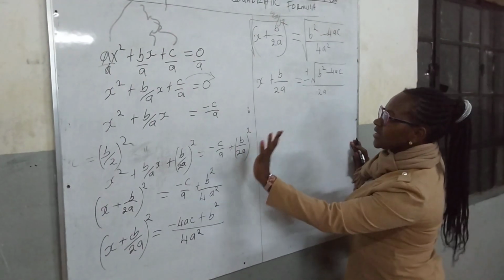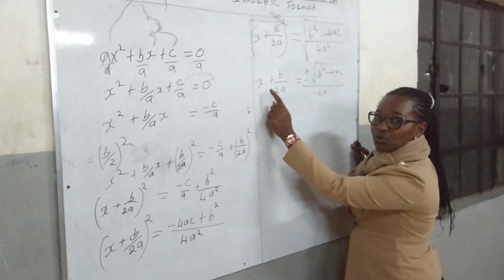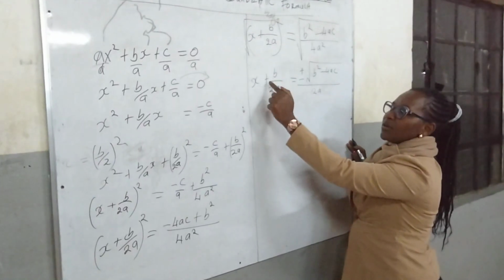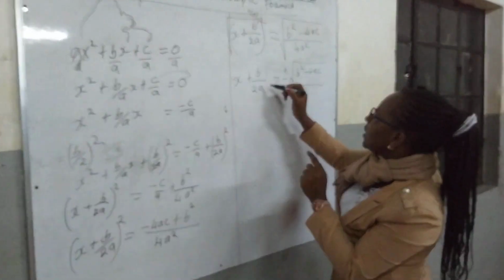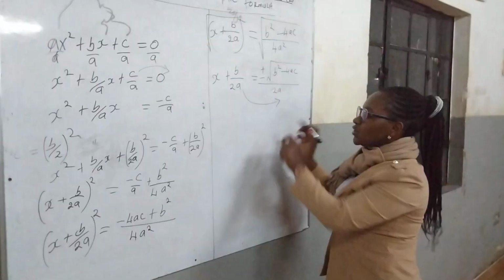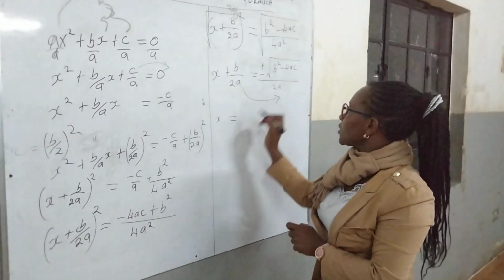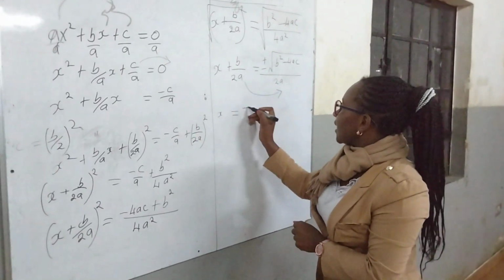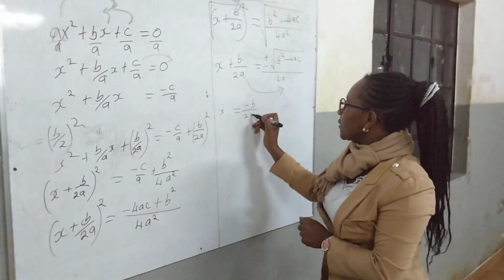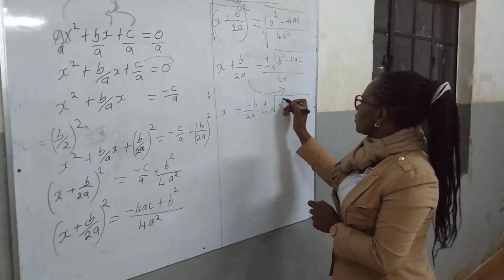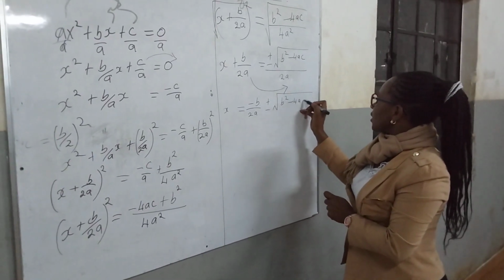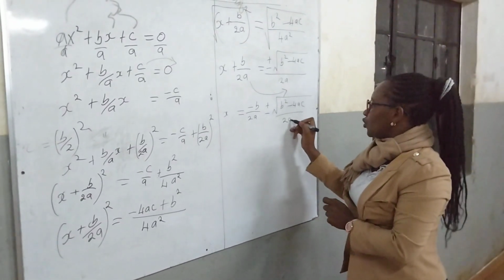On our left hand side, we are supposed to be left with the x, but here we have plus b over 2a. So we are supposed to take this one to the other side. So we'll be left with x is equal to negative b over 2a plus or minus the square root of b squared minus 4ac divided by 2a.